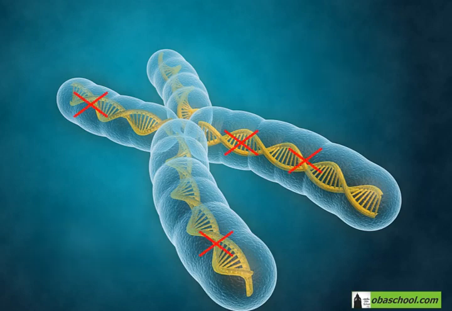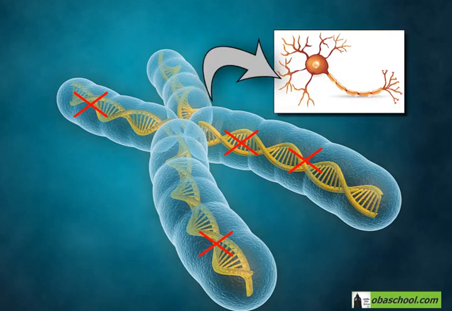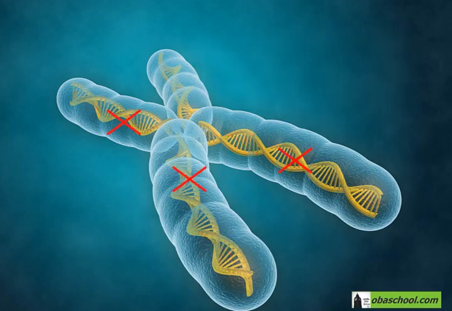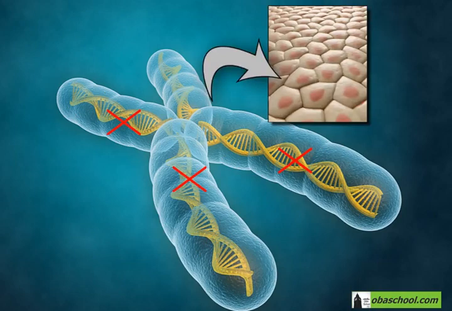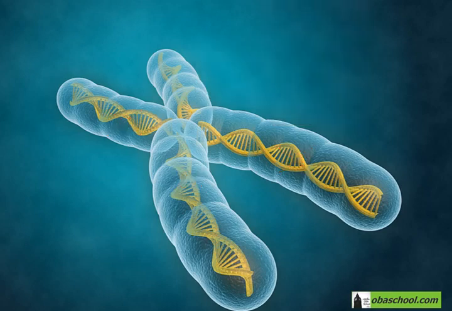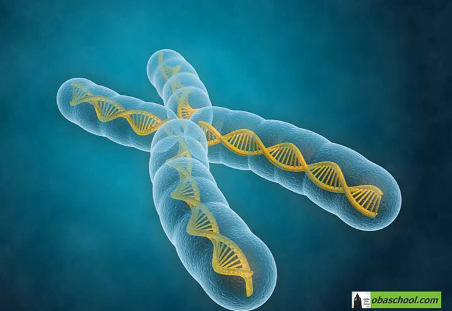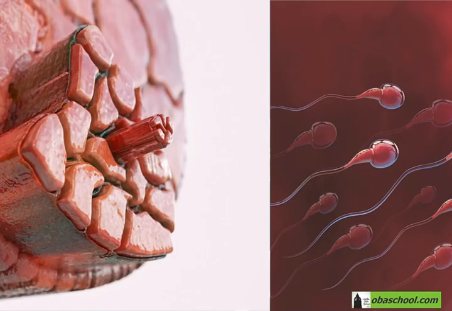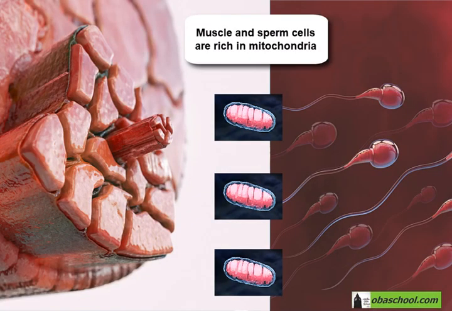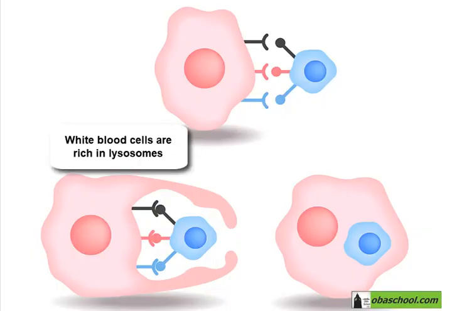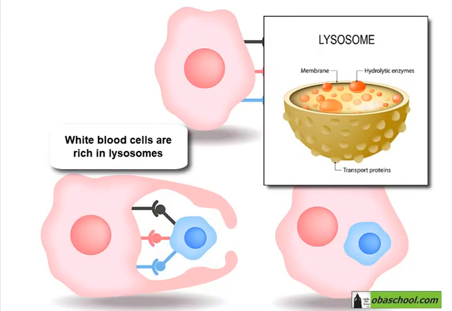This different switching of genes on and off causes the cells to have different shapes and also different numbers of organelles. Like muscle and sperm cells have more mitochondria than bone cells. White blood cells have many lysosomes, while muscle cells have few lysosomes.